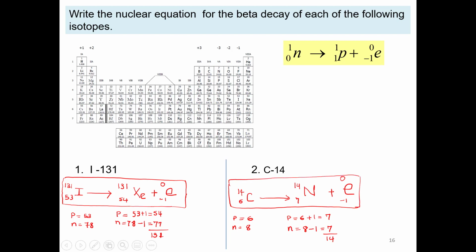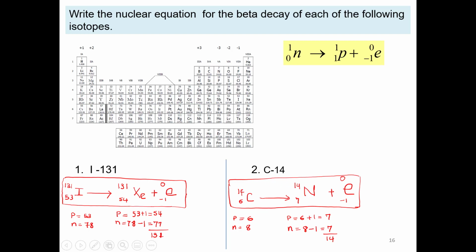If we analyze the equations we obtained in these two cases, we can see the mass number in the reactants and in the products is the same. What happens is that the atomic number, or the number of protons, increases by 1. We can see the same happens on this side.